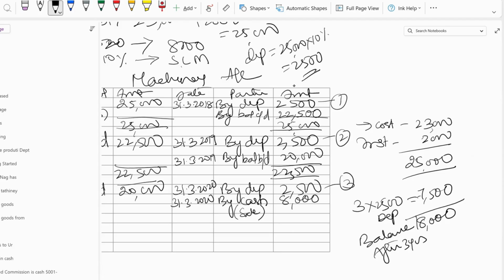You sold it for 8,000. What is the loss? From 25,000, if you deduct 7,500, 17,500 is the amount.